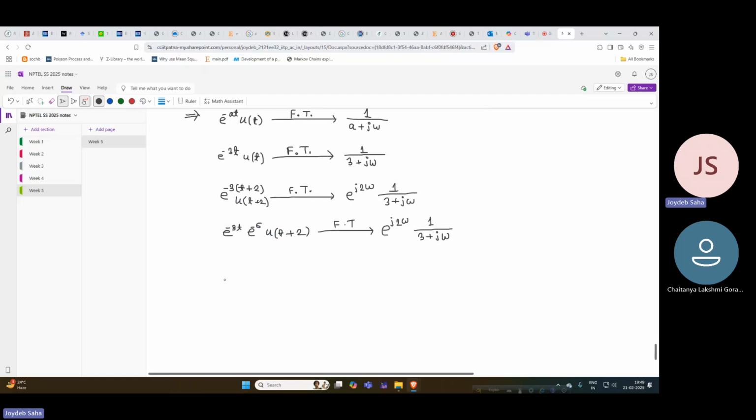Then e to the power minus 3t u of t plus 2, its Fourier transform is e to the power 6 plus j2 omega times 1 upon 3 plus j omega.